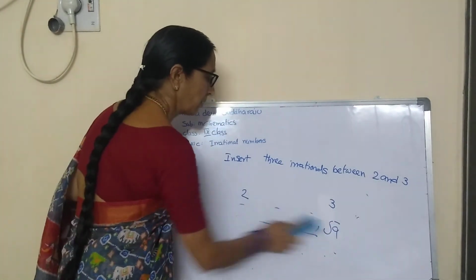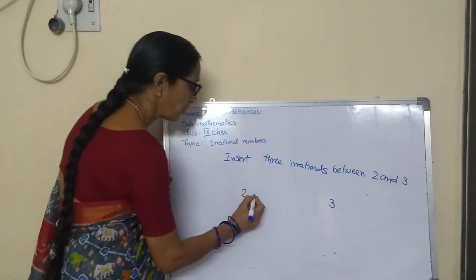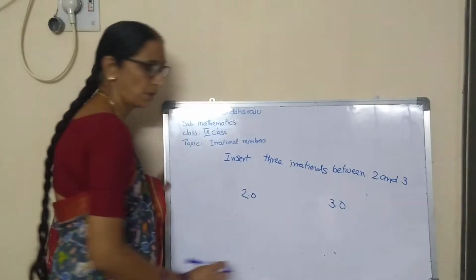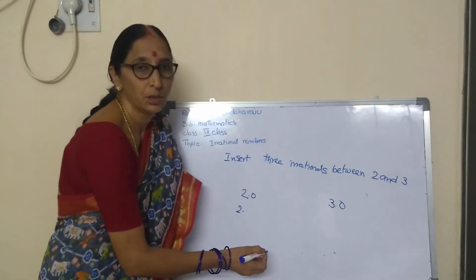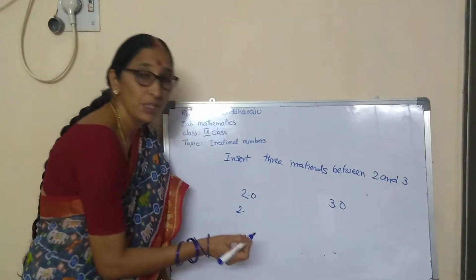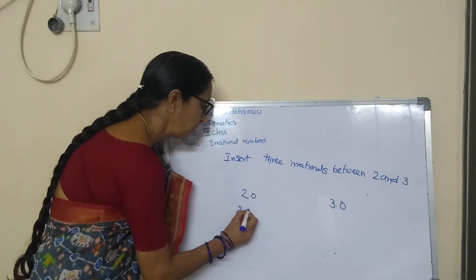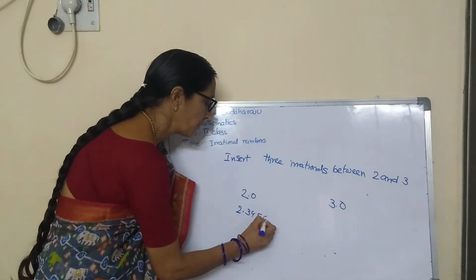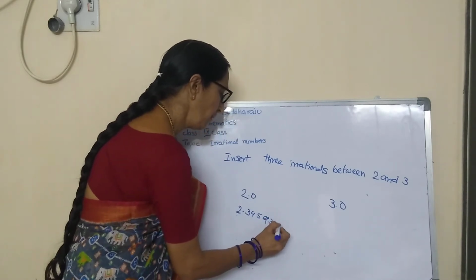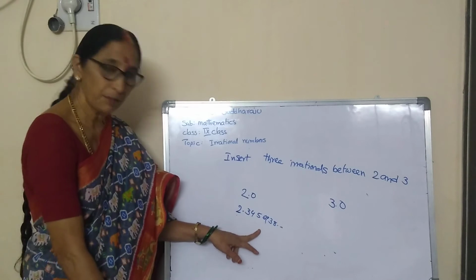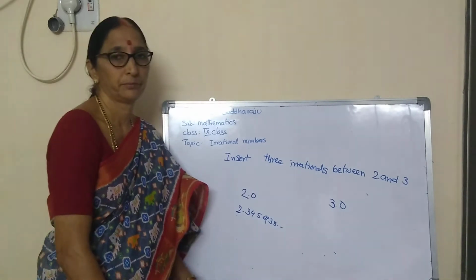Another process is also there. According to decimals, it is 2.0 and this is 3.0. We can write 2 point something, which is non-terminating, non-repeating, like 2.3456938 etc. This is a non-terminating, non-repeating decimal between 2 and 3.